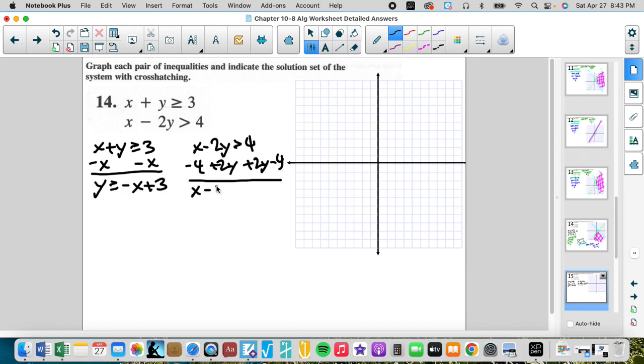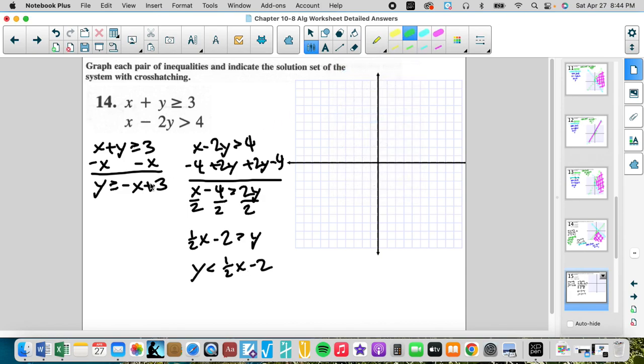We get x minus 4 is greater than 2y. Divide by 2, divide by 2, divide by 2. 1/2 x minus 2 is greater than y. Let's write y is less than 1/2 x minus 2. Yeah, I probably made it harder than it needed to be, but it's okay.